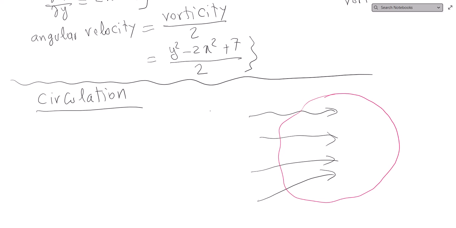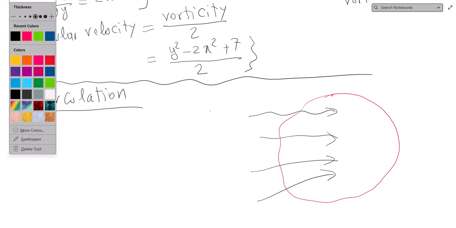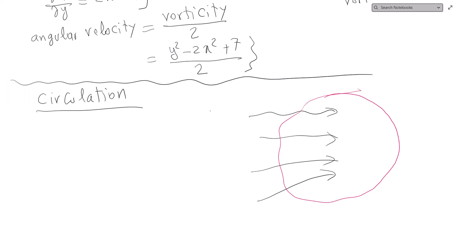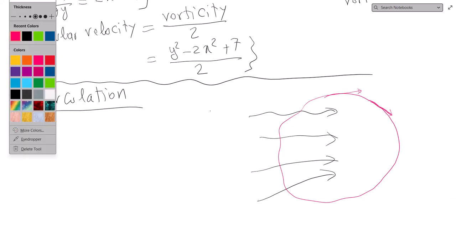Basically we say, okay, if I get the tangent to this field, or shall we say the component of the velocity in the direction of tangent to this field, I can write the circulation as follows.